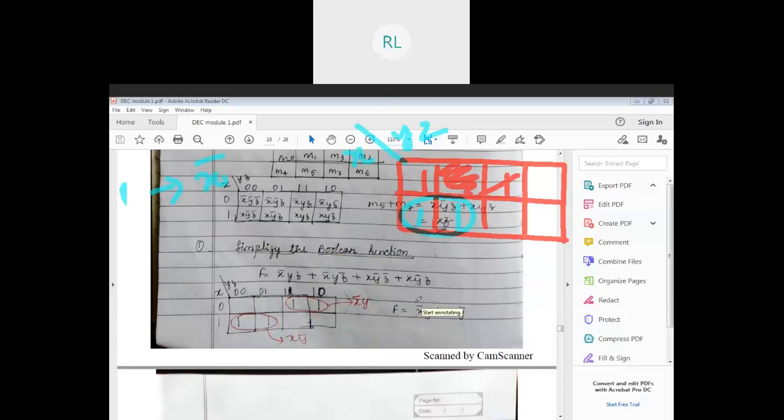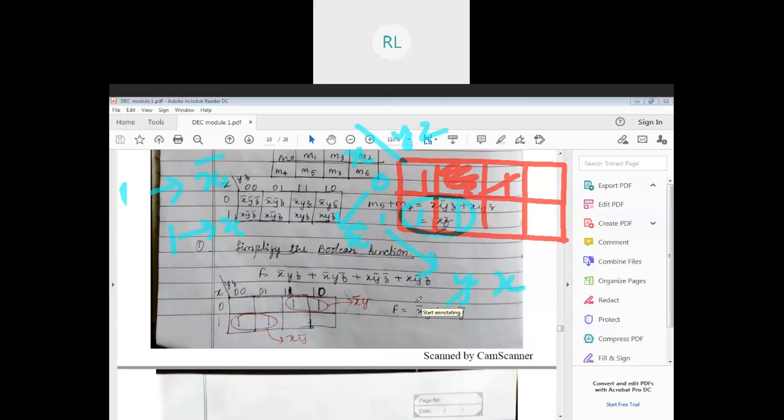Then I will see what are my parameters here, x, y and z. If it is a 0, then I'm going to take x bar, and if it is a 1, then I'm going to take x.